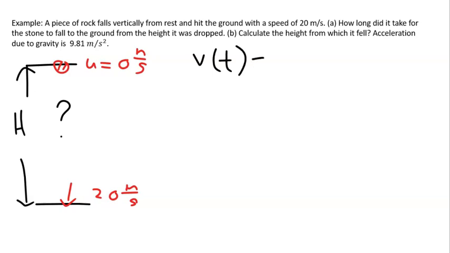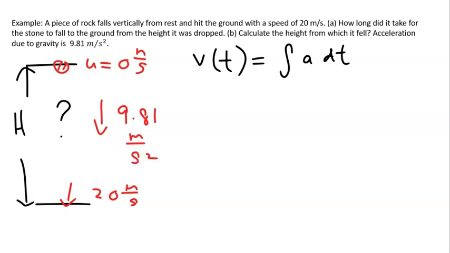So let's start with the velocity. Velocity is the integral of acceleration with respect to time. Now, the acceleration is heading downward with a magnitude of 9.81 meters per second squared. If you take the y-axis to be upward, then the acceleration is minus 9.81. So the upward direction is plus, the downward direction is negative.